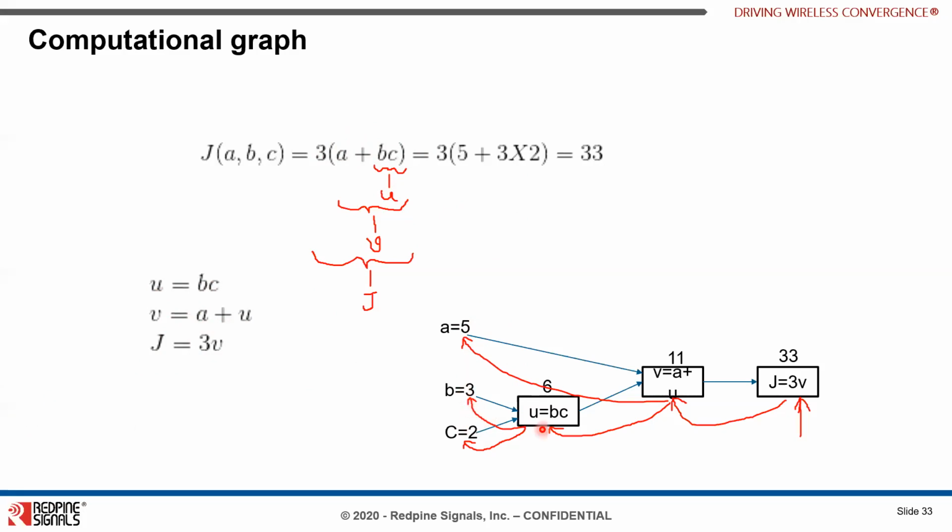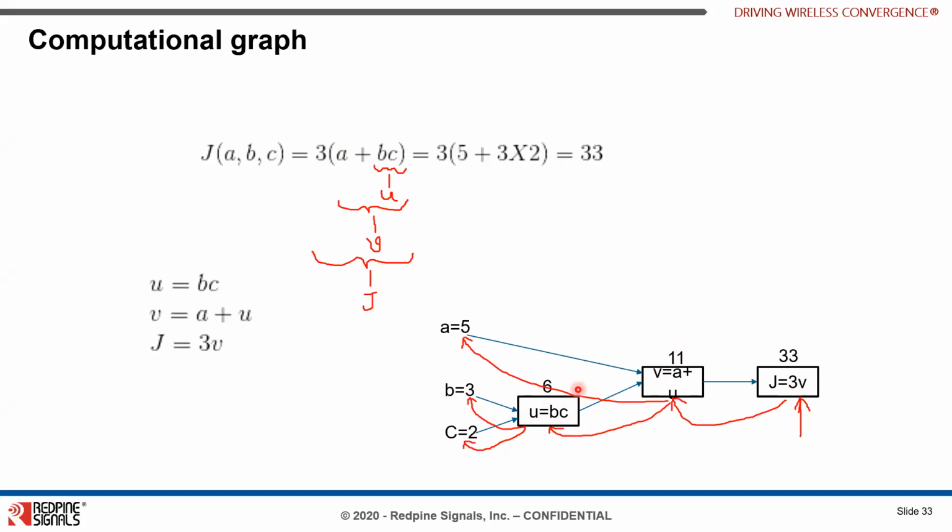That means U equals B into C is 6 here, and V is A plus U, that is 5 plus 6, that is 11. V is 11 because V equals A plus U, where A is 5 and U is 6. And J equals 3 into V, that is 3 into 11, that is 33.